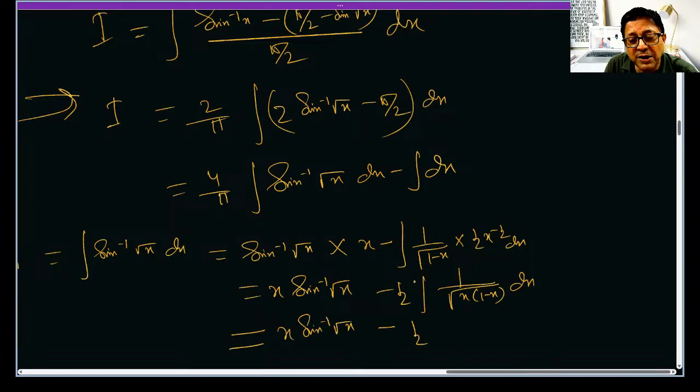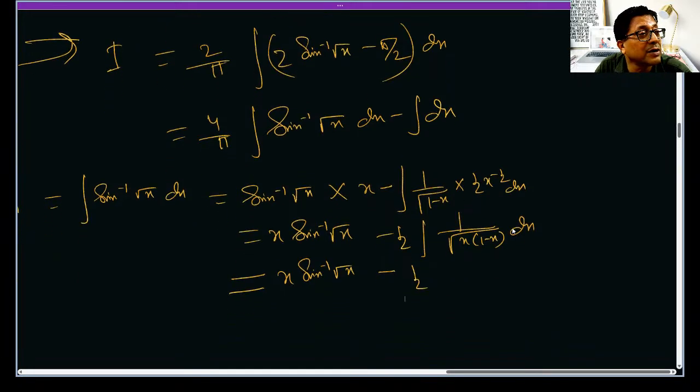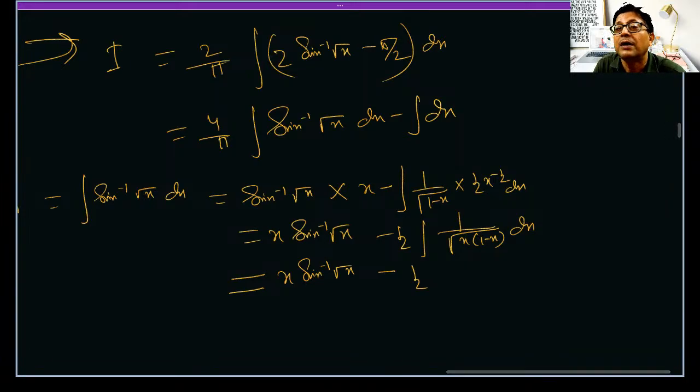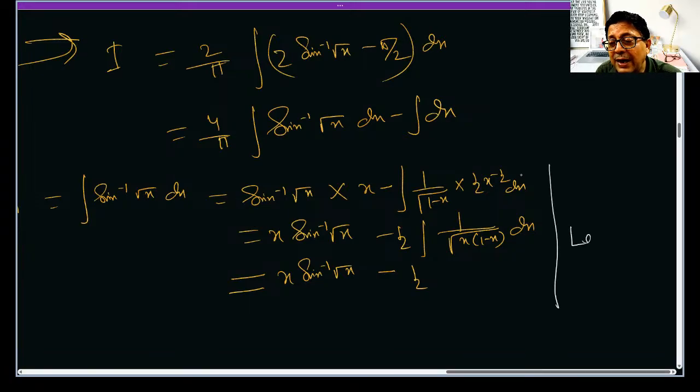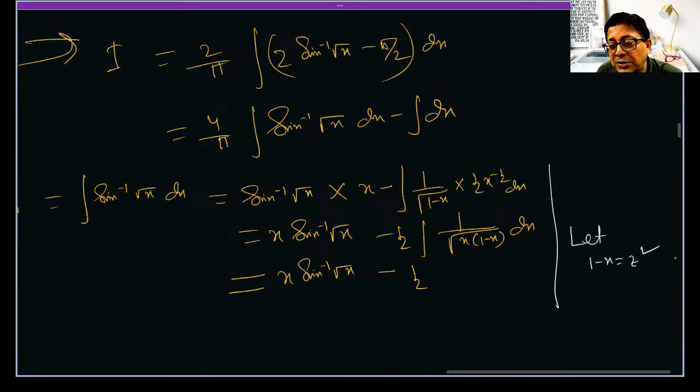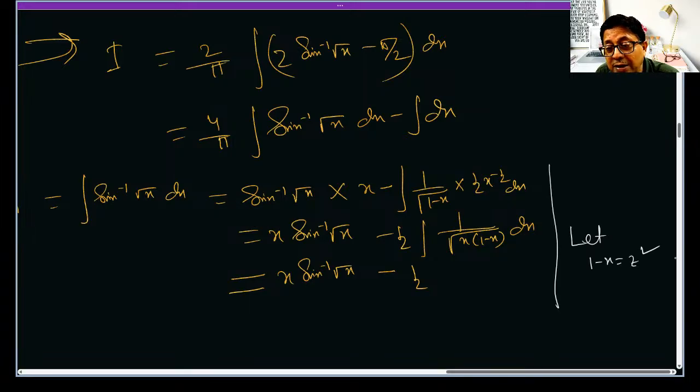How to integrate this one? You can change it into a standard integral or make a substitution. Normally you will prefer the standard integral, but I will be doing it like this. Let 1 minus x equal to z square. This is one alternative method you must know. So minus dx equals 2z dz, dx equals minus 2z dz.